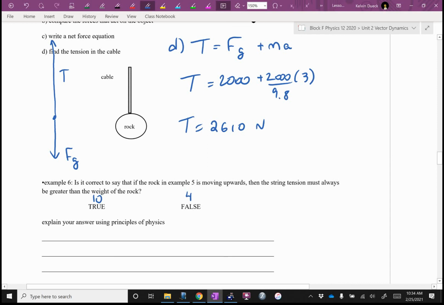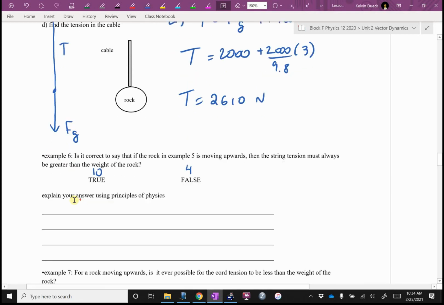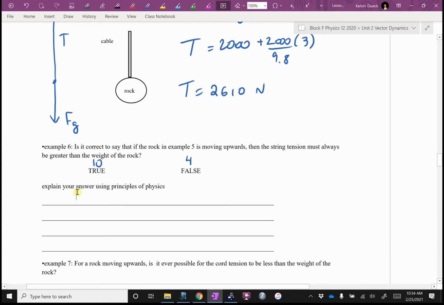Convince me. I disagree. You ready? Do it. Can you be moving up at a constant speed?